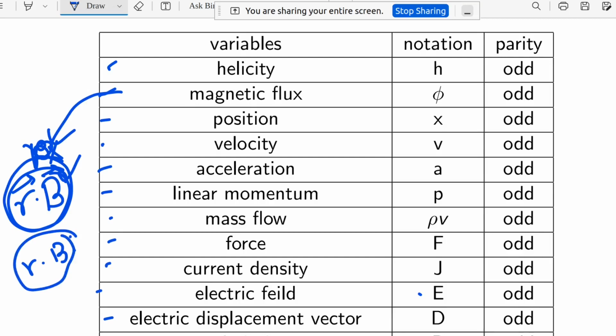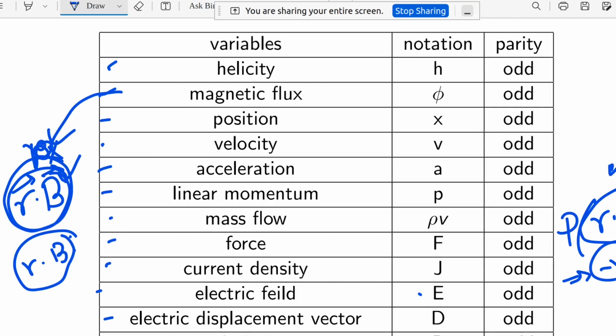But if I just do P of R dot B, then you can see that P of R is minus and P of B is plus. That means as a whole it gives a minus value. That means odd under parity. So as a whole it is a scalar, but it is not exactly behaving as a scalar because it is odd under parity. So that's why we can say that it is a pseudo scalar.